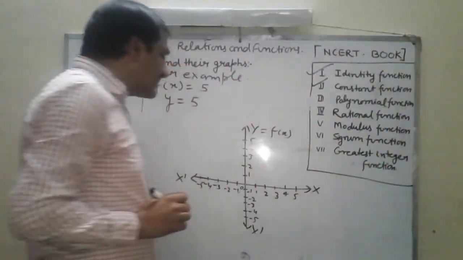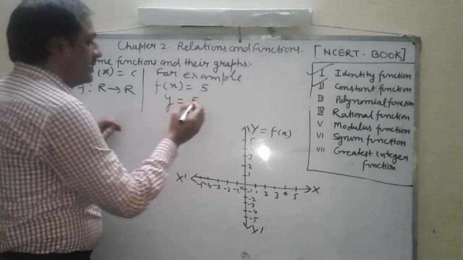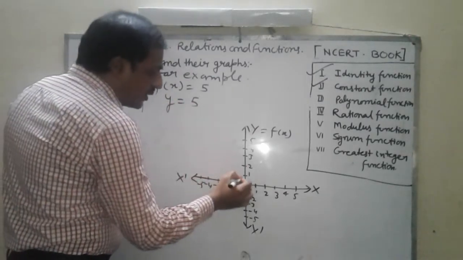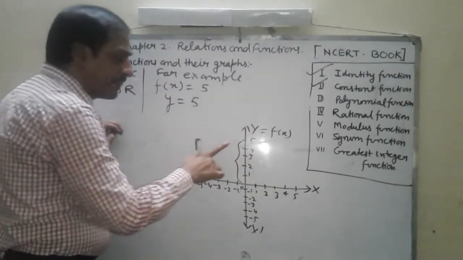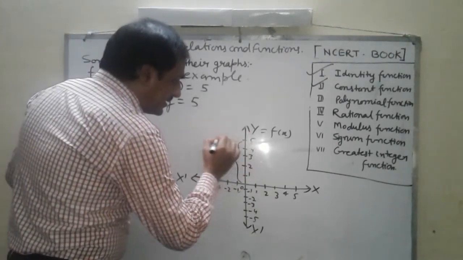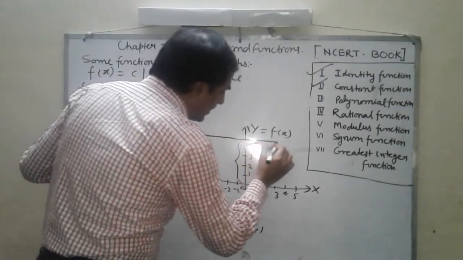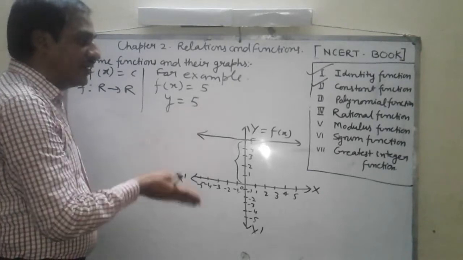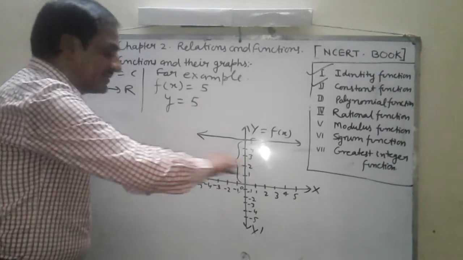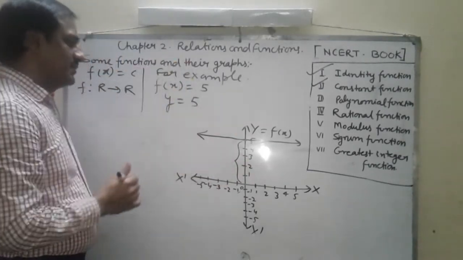Why is it parallel to the x axis? Because y is equal to 5 units along the y axis, and the graph of the constant function is always parallel to the x axis.